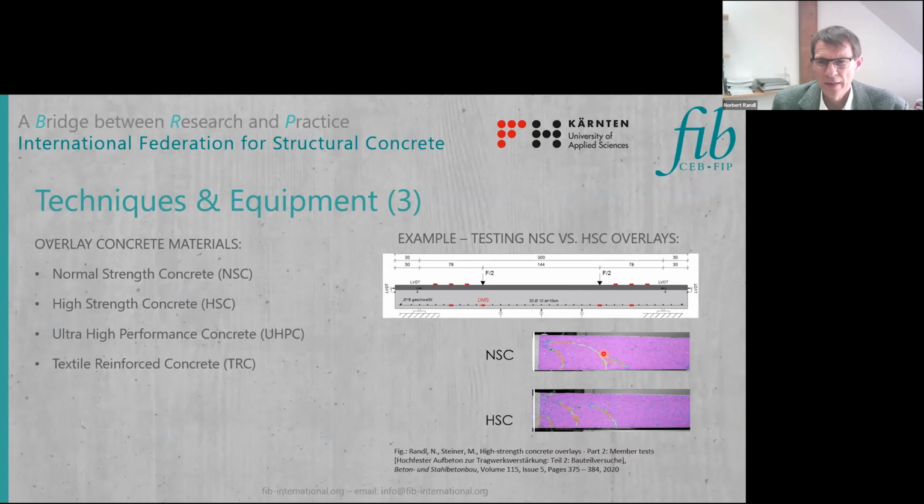The normal strength overlay leads to a shear crack that follows here, as you can see, the interface. That is not always observed, but we observed this quite many times. Concerning the high strength concrete, we usually do not observe this phenomenon. We rather observe the shear crack passing without any deviation the joint, the interface. And of course, in small scale tests, you directly see the difference in bond properties.